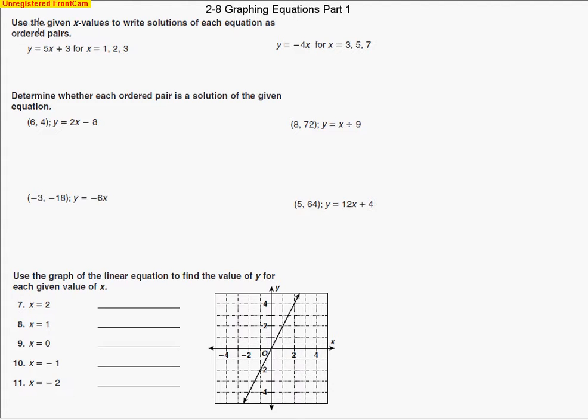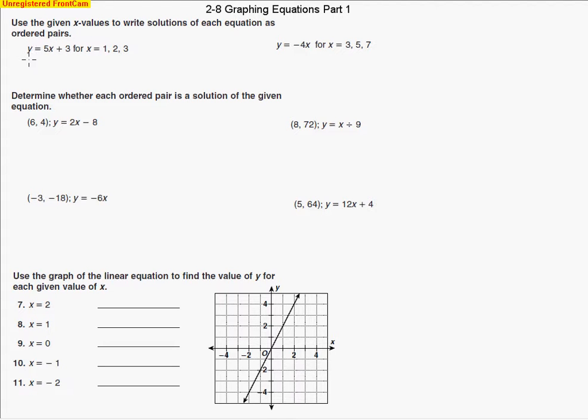It says use the given x values to write solutions for each equation as ordered pairs. And so what we're going to do is they're giving us this equation here. So y equals, and then this is the function, 5x plus 3. So this changes the x value and it comes up with a y value.